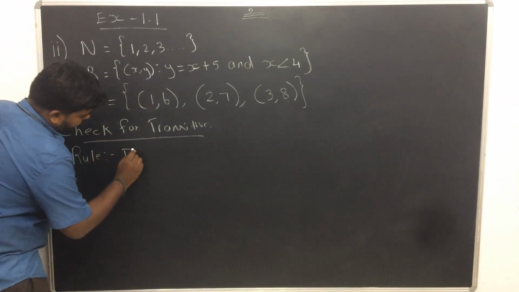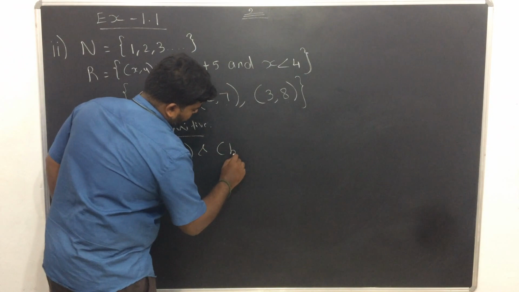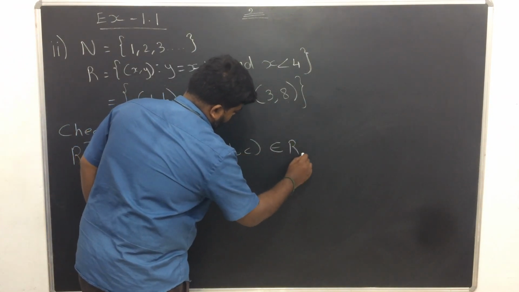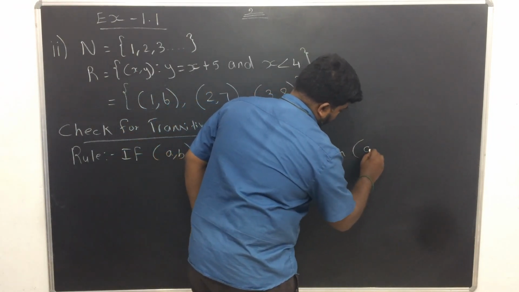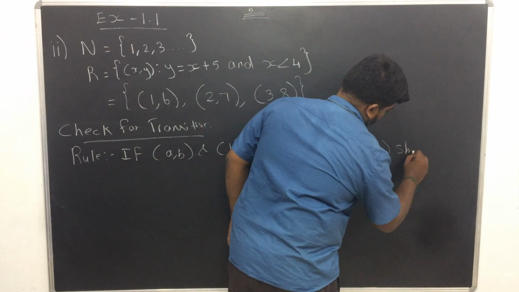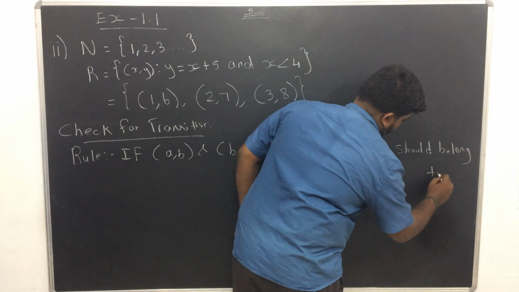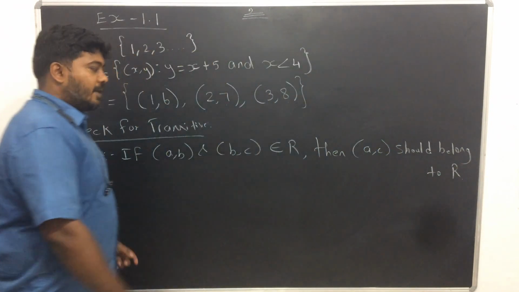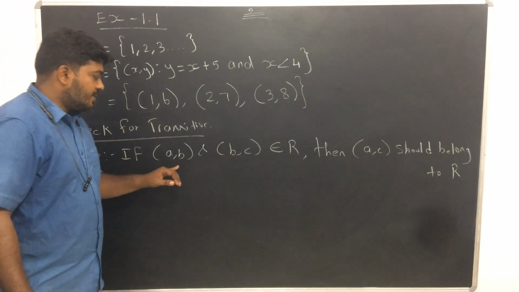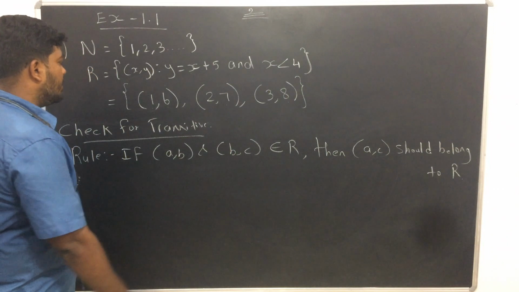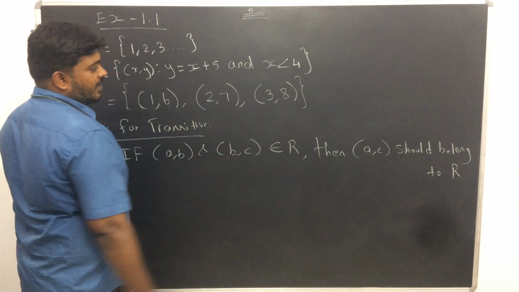The rule is, if (a, b) and (b, c) belong to R, then (a, c) should belong to R. This is the rule for any relation to be transitive. Now let's check in this relation if there are ordered pairs such as (a, b) and (b, c). You have (1, 6). If that is (a, b), do you have any (6, something)?